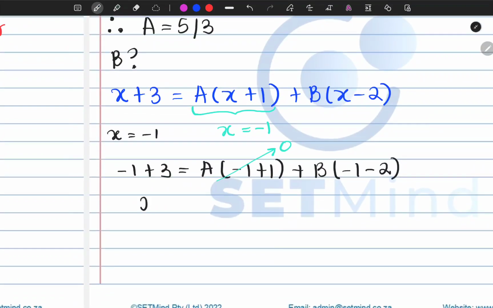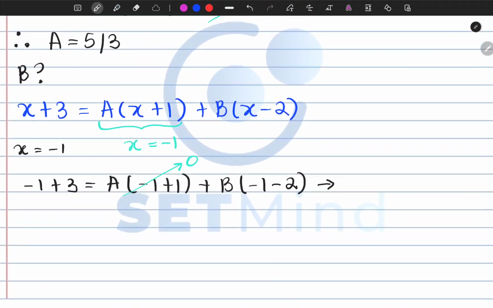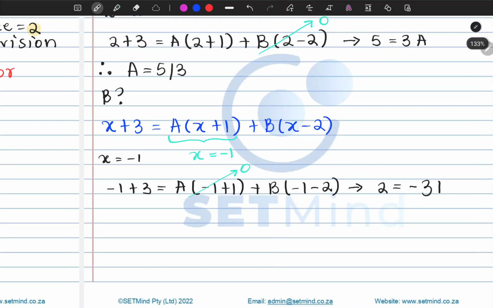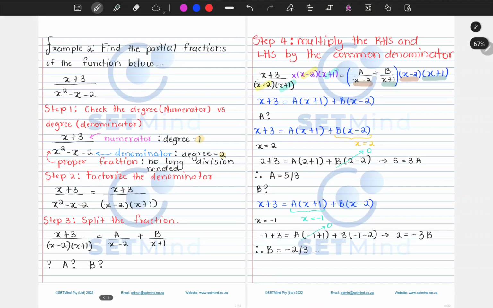So what I'm left with is 2 equals negative 3b. So I can easily solve for b now. Our b will simply be negative 2 divided by 3. That is what b is equal to. Now that we have b, we can just sub back to the original equation and finalize our answer.